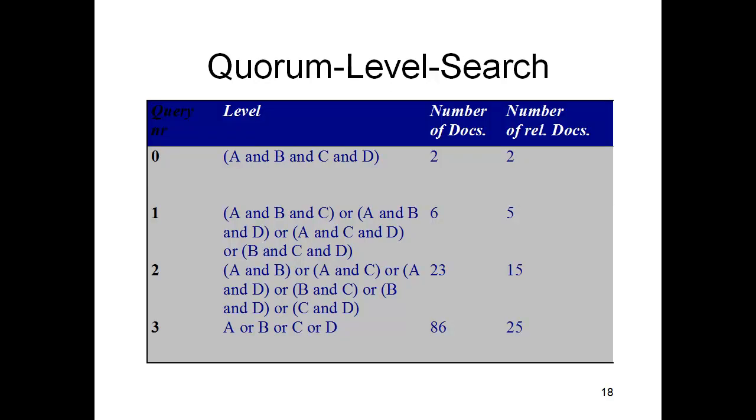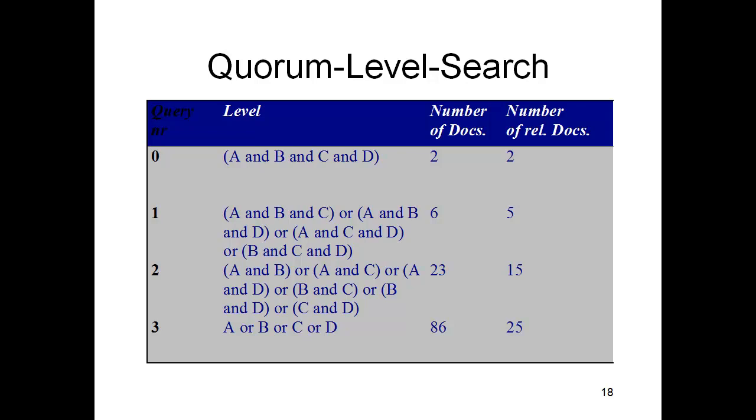Another idea is something like the quorum level search. The idea is if I have a query with 4 terms, for example, I can spend quite a lot of time making the best combination with AND and OR. Quorum level search would simply do the following.